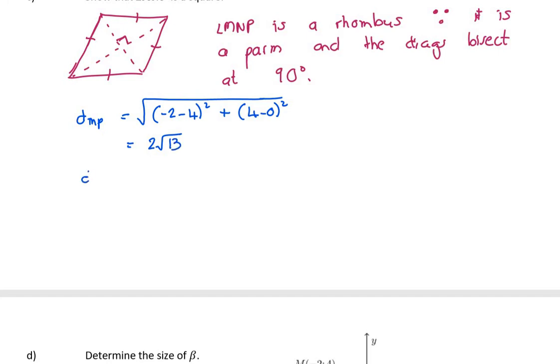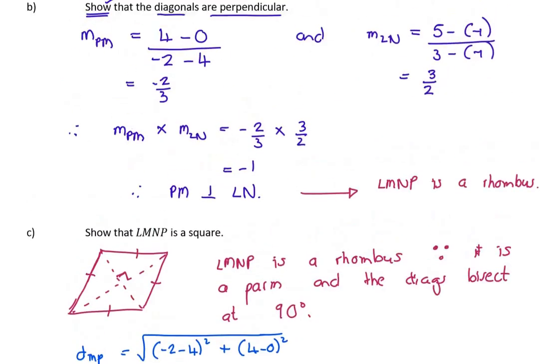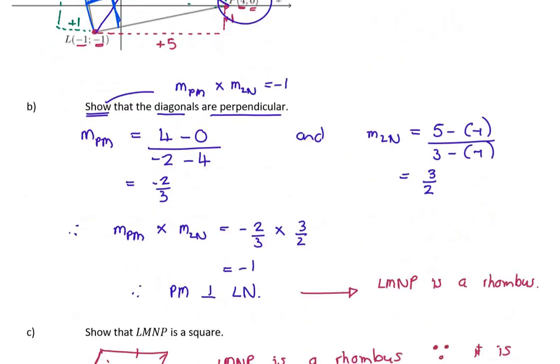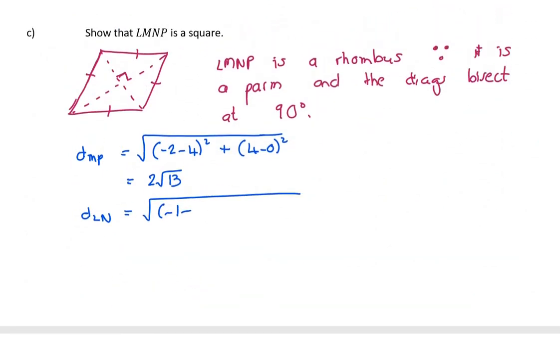So now I look at the distance from L to N, which is -1 minus, and my N value is 3, 5. So it's -1 minus 3 squared plus -1 minus 5 squared, and I get 2 root 13.